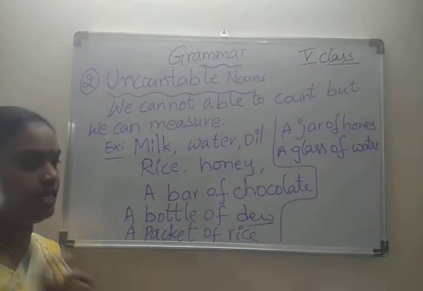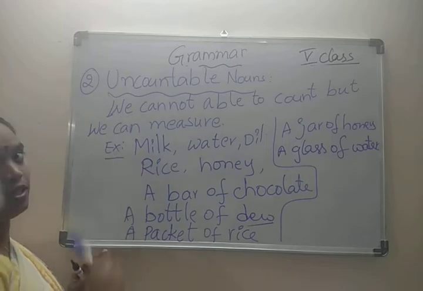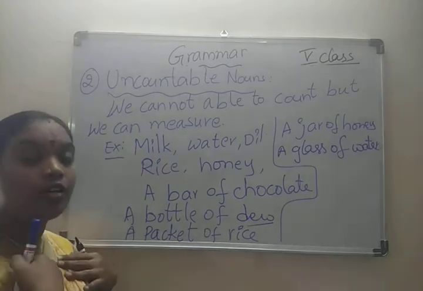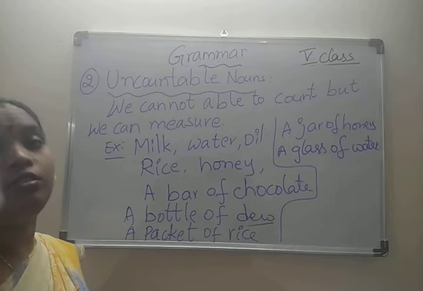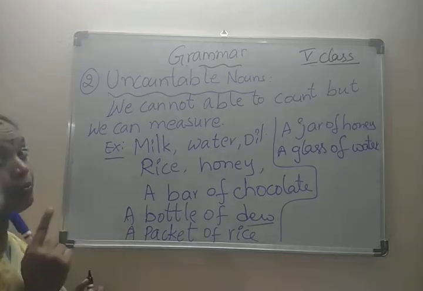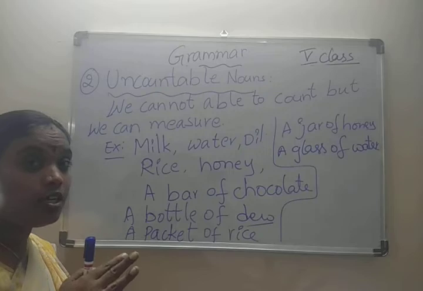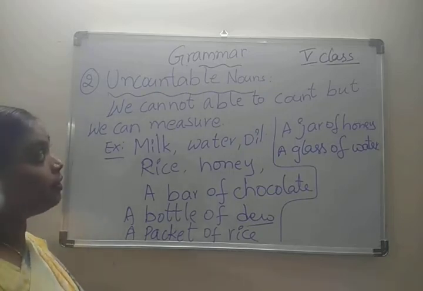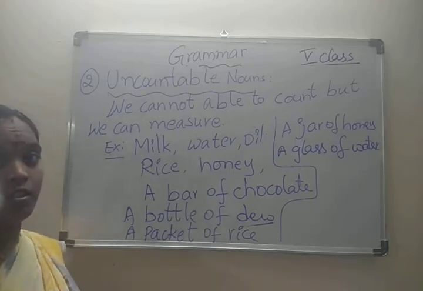So uncountable nouns means we are not able to count. We cannot give a number before them, but we can measure.